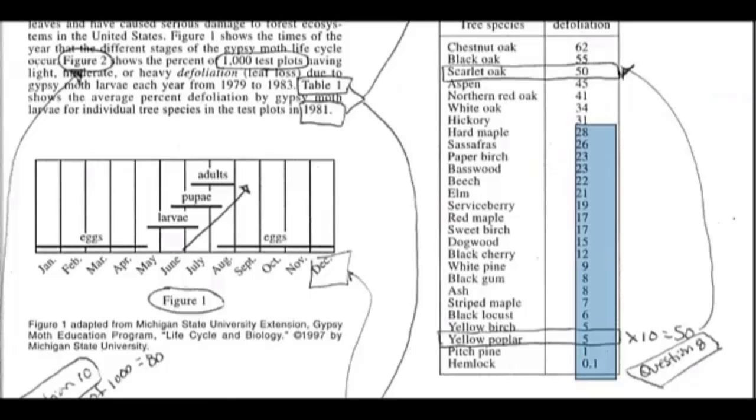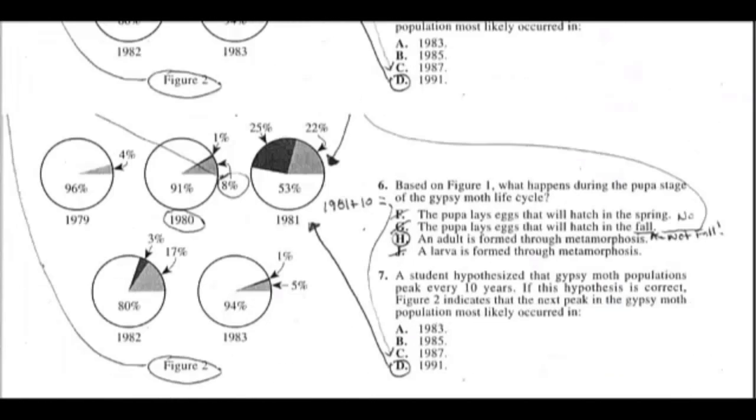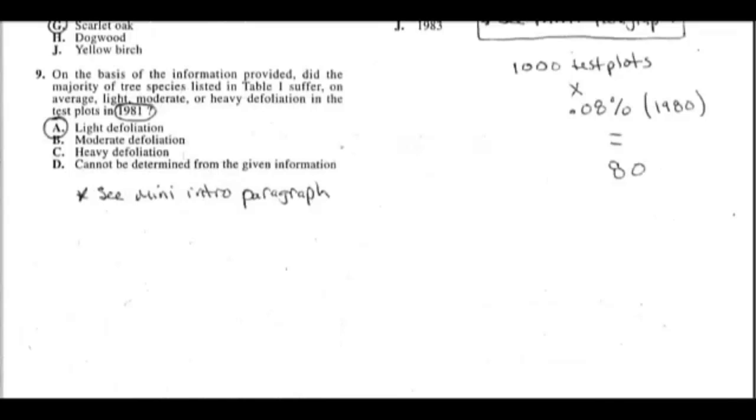So it is going to have to be light deforestation. Combine the results. Just because they tell you to go to table 1 doesn't necessarily mean the answer is going to come from there. You can find information that will help you out in other places. So question number 9, the correct answer is going to be answer choice A, but we found the information in the key, which was located underneath figure 2. 9 is A.